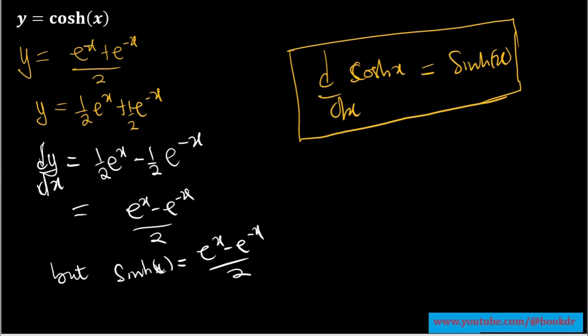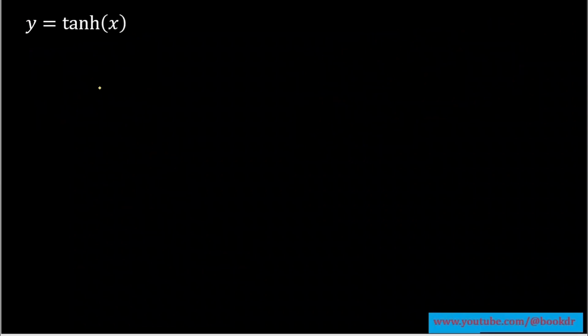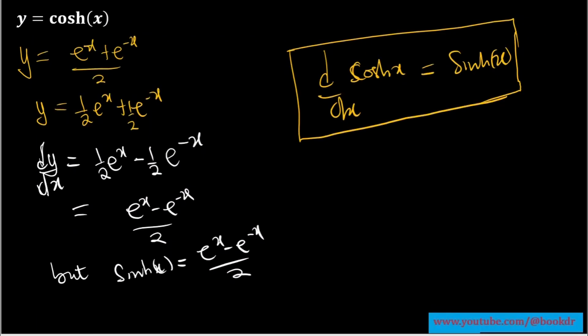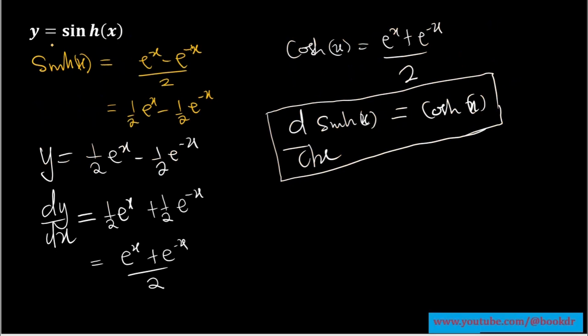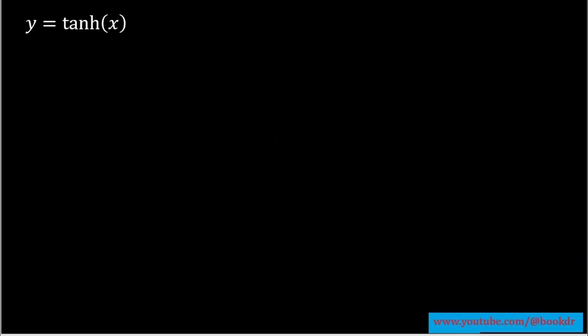We shall look at the remaining four hyperbolic functions. Let's look at tanh. We will use the idea we got from the cosh and the sinh to obtain the tanh. We can write our tanh x as sinh x over cosh x.